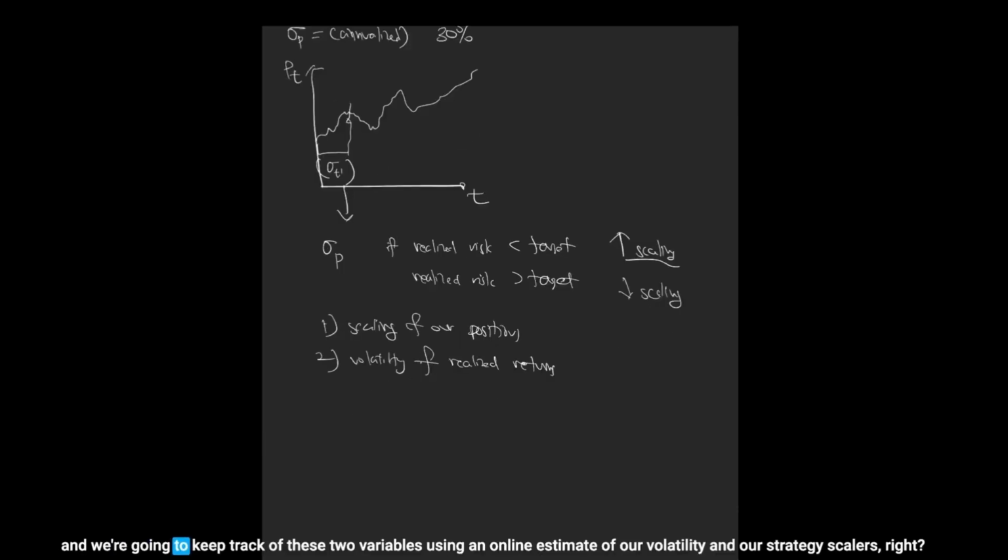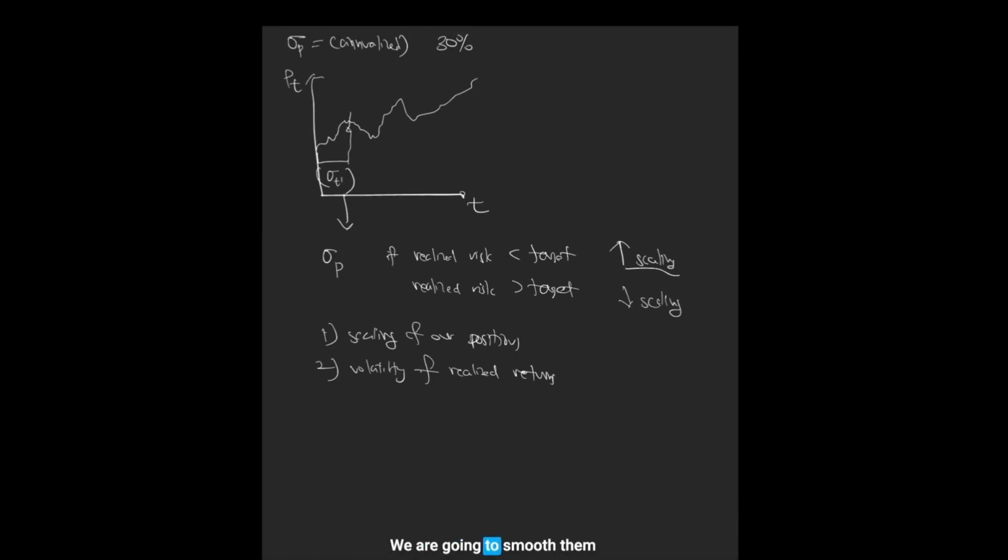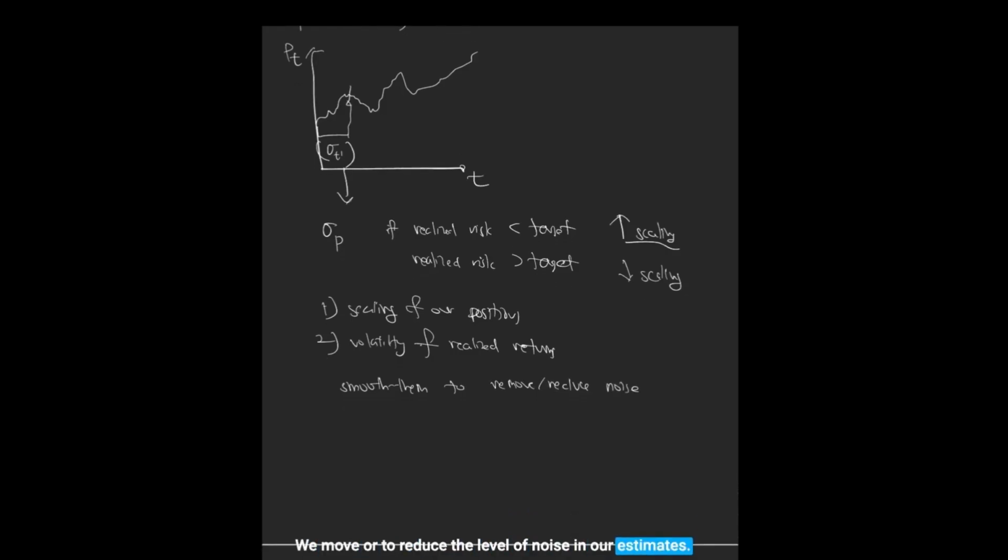And we're going to keep track of these two variables using an online estimate of our volatility and our strategy scalars, right? We're going to smooth them to reduce the level of noise in our estimates. For instance, we can say that the volatility of portfolio, we're going to smooth this, and we're going to assign 1 minus lambda to our previous estimate of volatility, and perhaps we use some new data points that have just arrived.